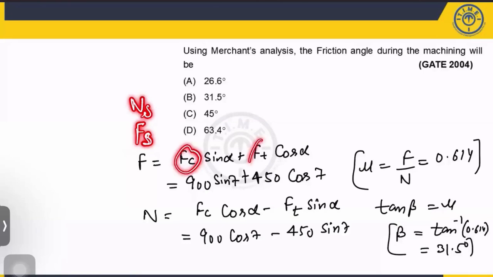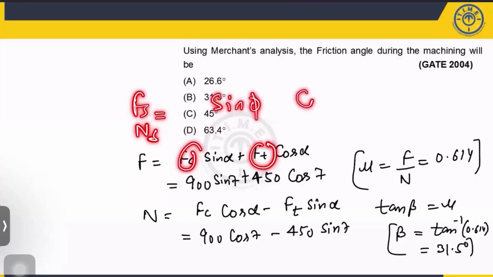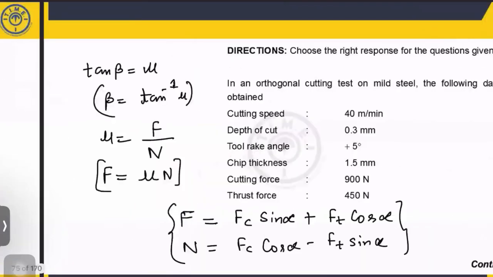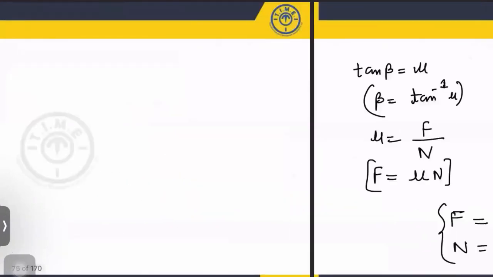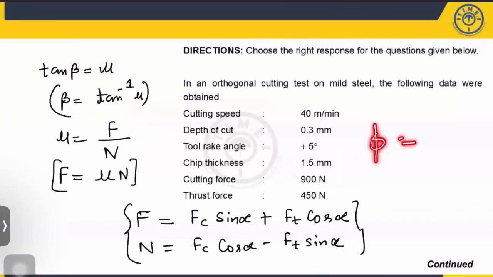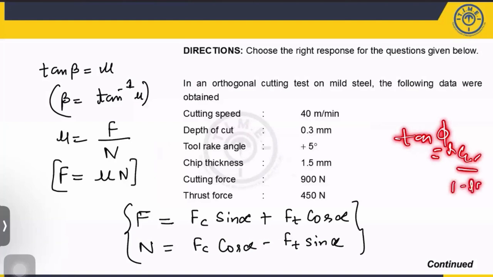How? Because Fc or Ft is known, then you have to use sine phi, because you know the relation between the shear force and normal shear force in terms of Ft is sine phi and cos phi. That means you have to calculate phi. How will you calculate this phi? Tan phi is equal to r cos alpha divided by (1 minus r sine alpha).